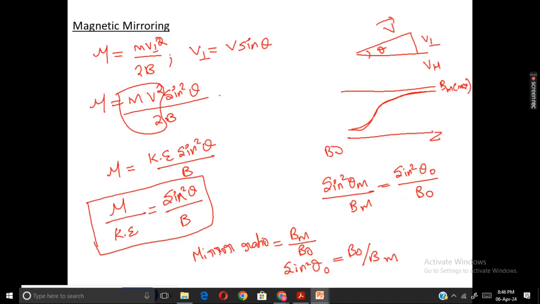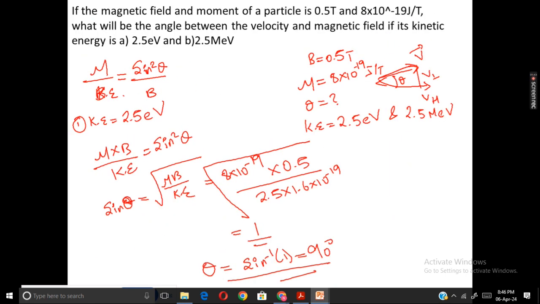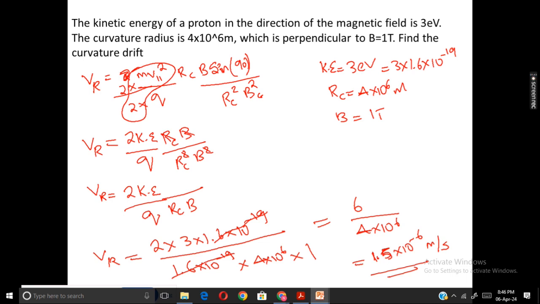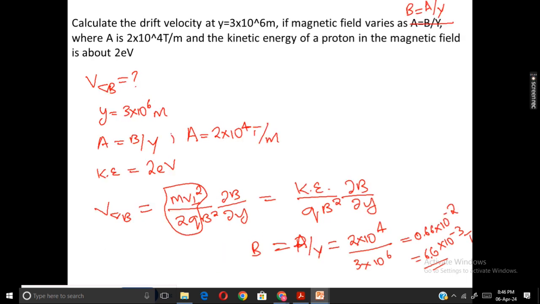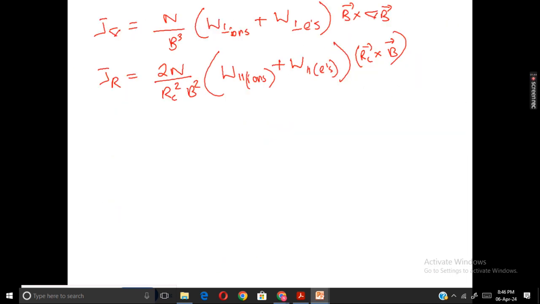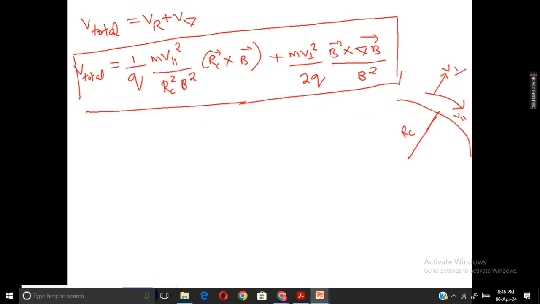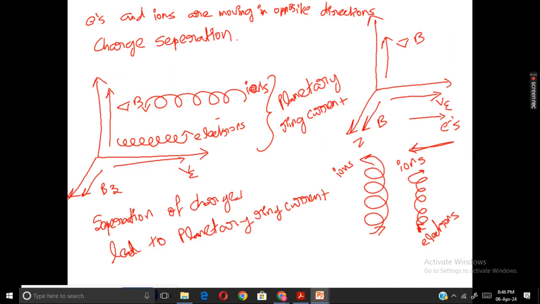Okay, so that's it for today. Today we were mostly discussing how a particle behaves in the presence of an inhomogeneous magnetic field, and we found that because of the gradient in the magnetic field there will be a drift velocity.